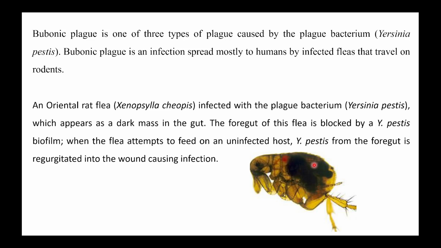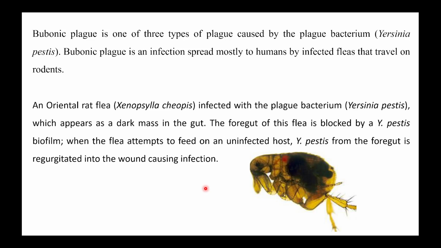So, you can see the dark mass in the gut here. So, that is the bacterium, and the foregut of this flea is blocked by Yersinia pestis biofilm. When the flea attempts to feed on an uninfected host, Yersinia pestis from the foregut is regurgitated to the wound causing infection.